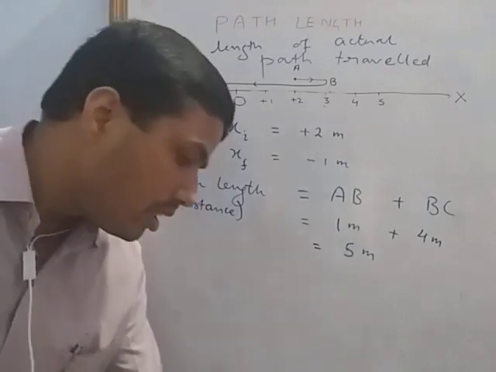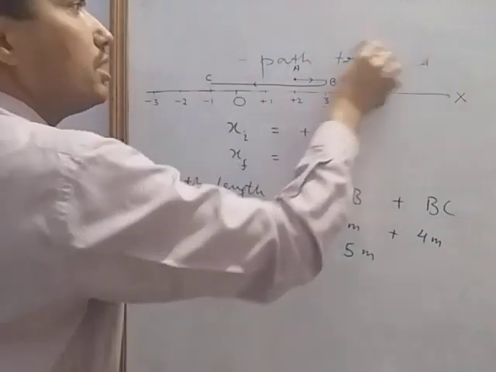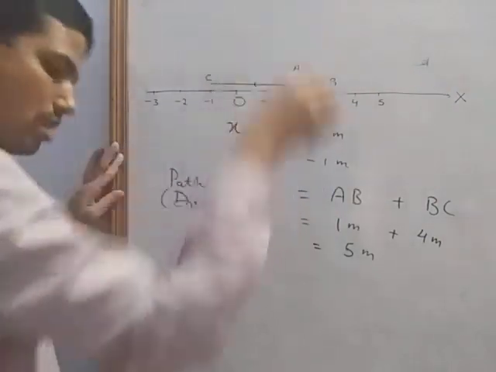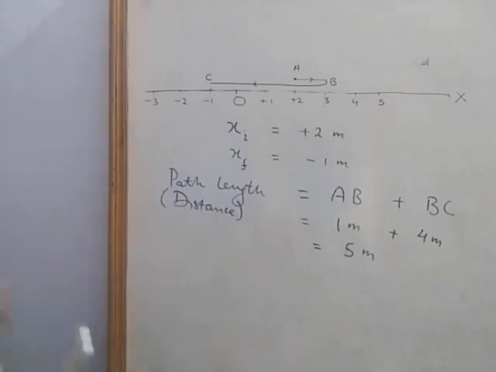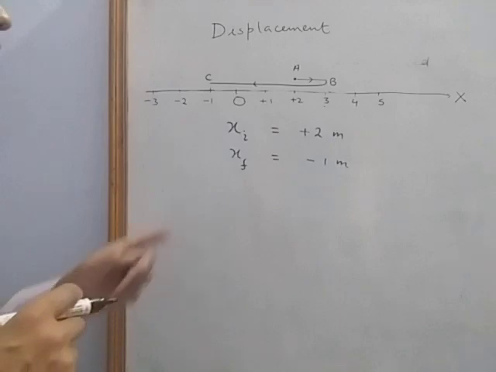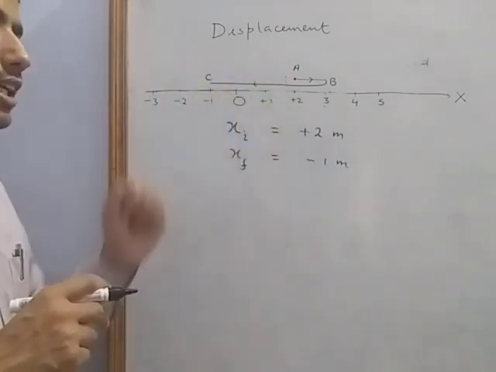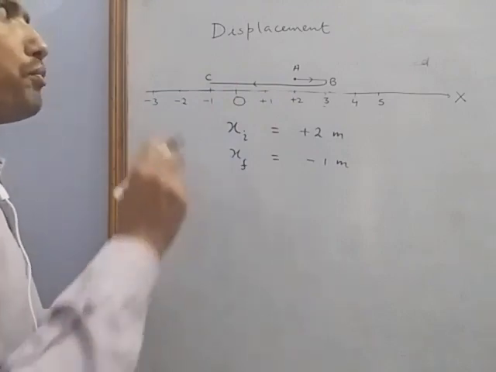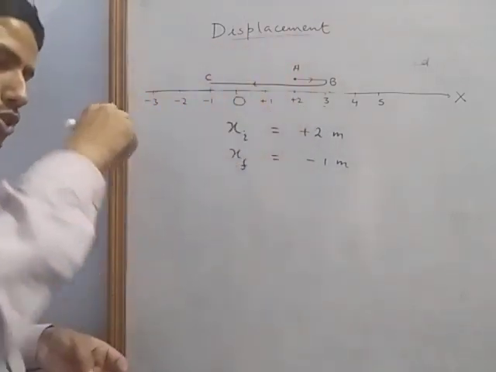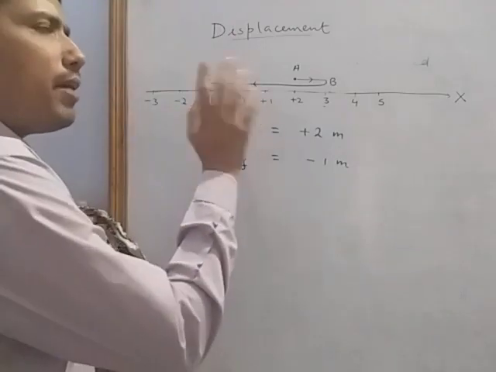Having understood path length, the next concept that we will discuss is displacement in the same context. As we have seen in this particular example, the initial and final positions of the particle are as indicated at A and at C. For finding displacement, the first thing that you should do, students, is remove the concept of path from your mind.